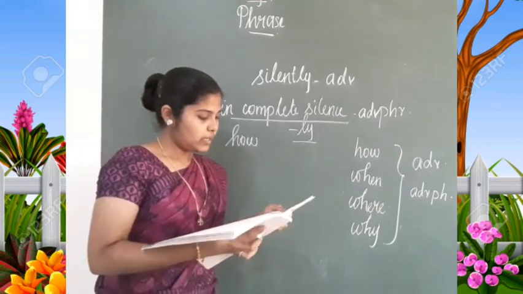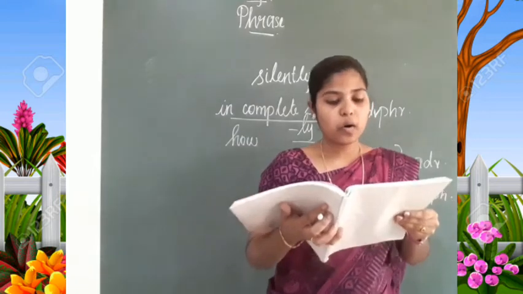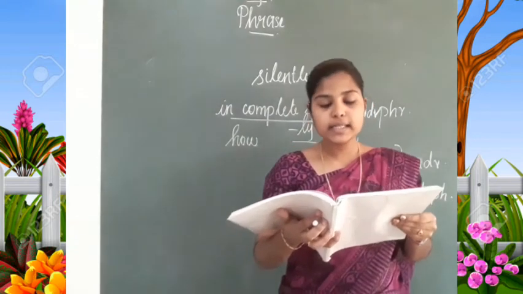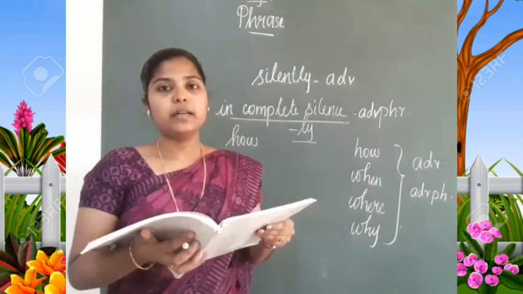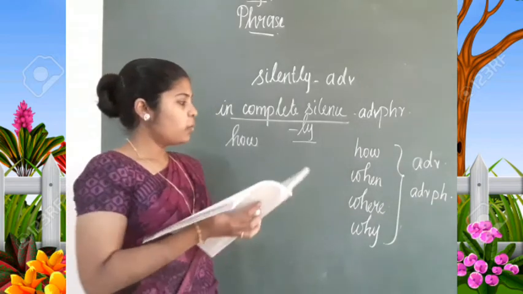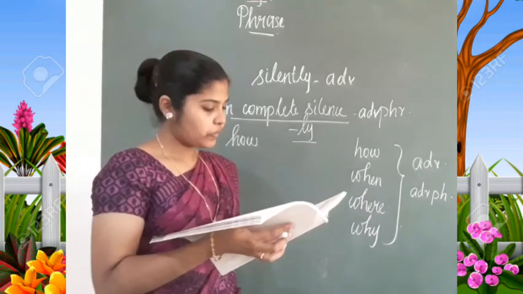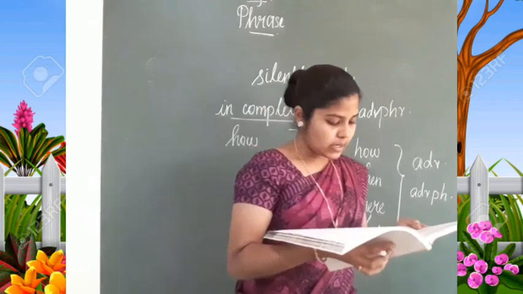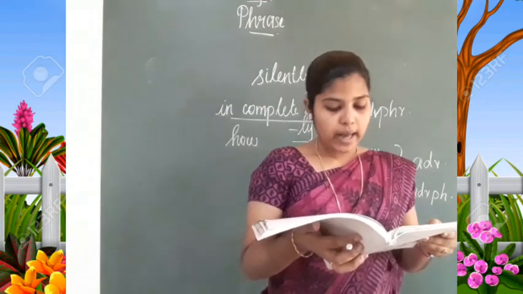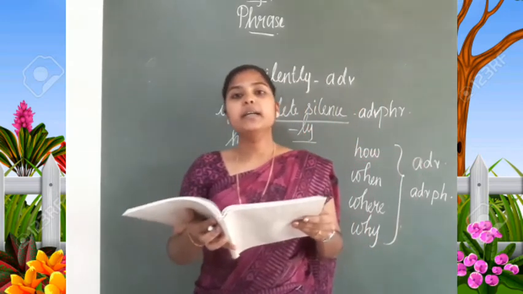Now, like adverbs, adverbial phrases also answer the questions how, when, where or why an action is done. Next, an adverbial phrase that answers the questions how and when, or adverbial phrase of manner and time.